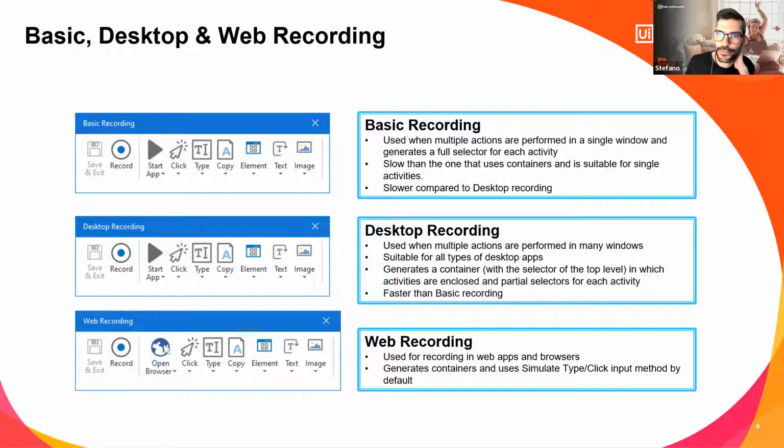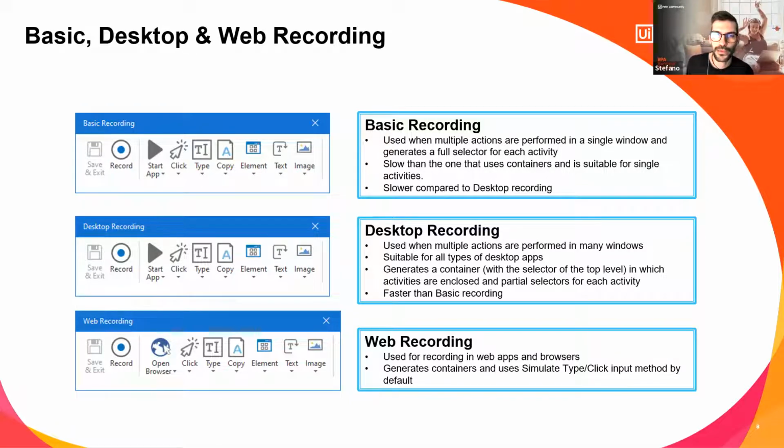say which are the different recording types, because it's important to understand the difference and how the behavior is different. So the basic one, as the name says, is a basic recording, which is used when multiple actions are performed inside a single window.